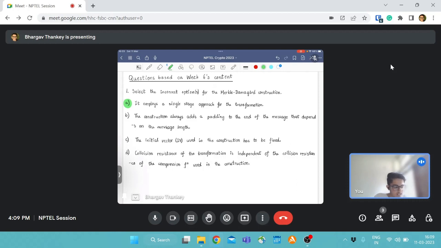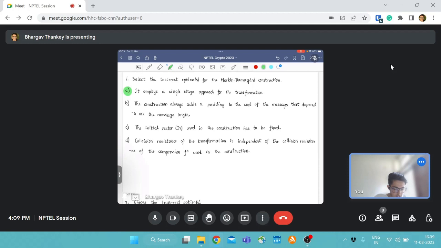So it always adds some padding to the end of the message depending on the message length. Even if the message length is divisible by block length, it would add an extra block. So padding is always added. That's true. Option C is the initial vector used in the construction has to be fixed. Well, yes, we saw in the class that the initial vector in this construction is fixed.